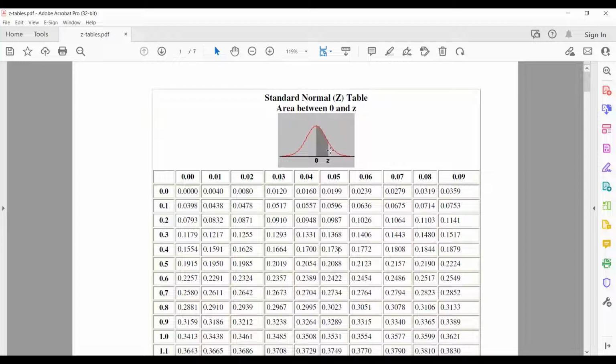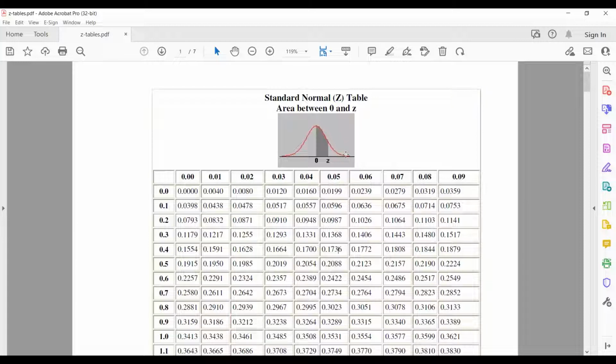That means the area that we are calculating is the area between small z and positive infinity. The probability that z is at least 0 is given by the area under this curve between small z here and positive infinity. That's the area that we are calculating.